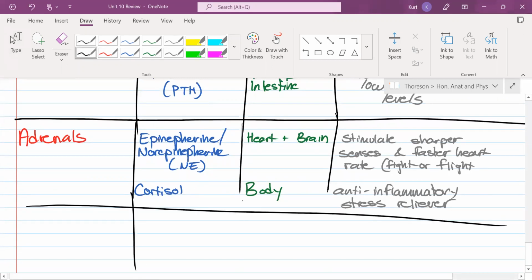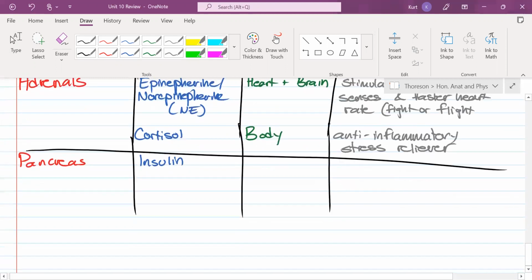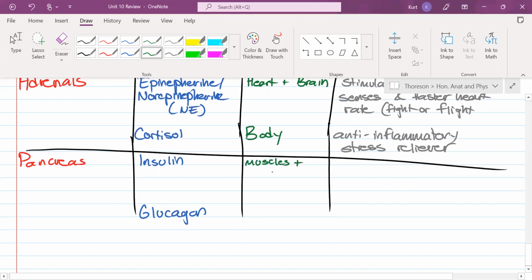Okay, it's going to be close. Next is pancreas. What are the two hormones your pancreas produces? Insulin and glucagon. Insulin targets your muscles and liver, and it causes them to take in sugar due to high levels.